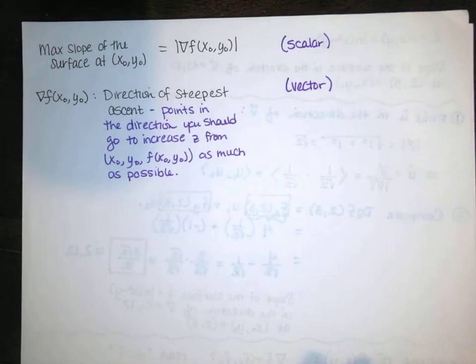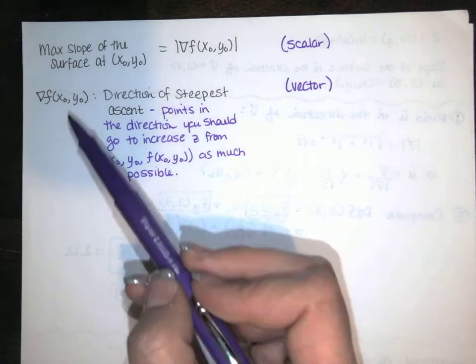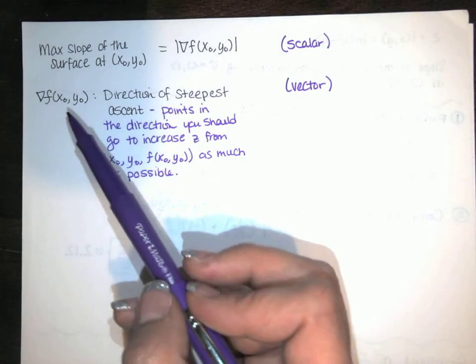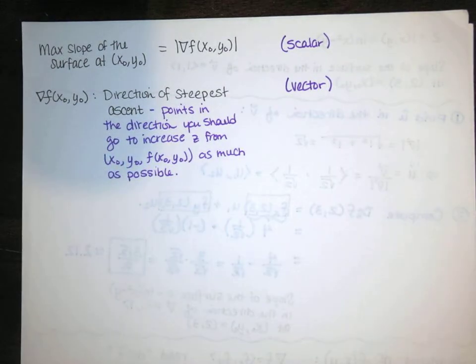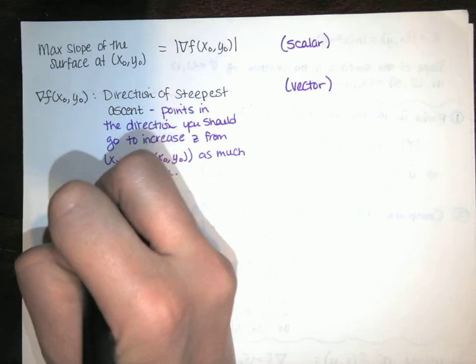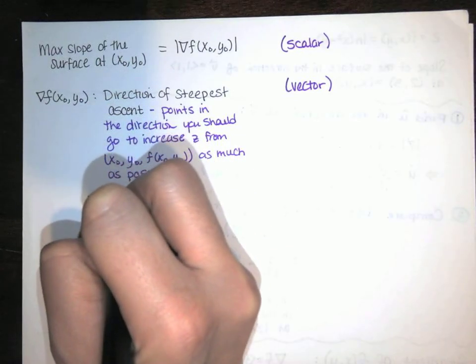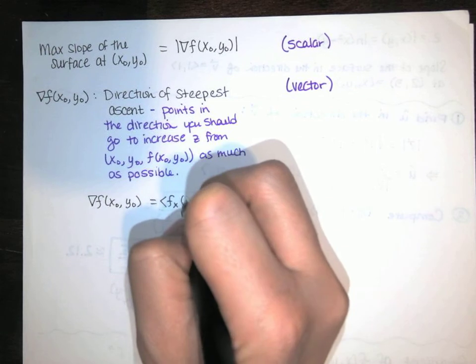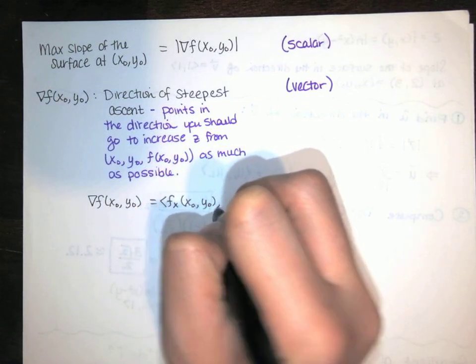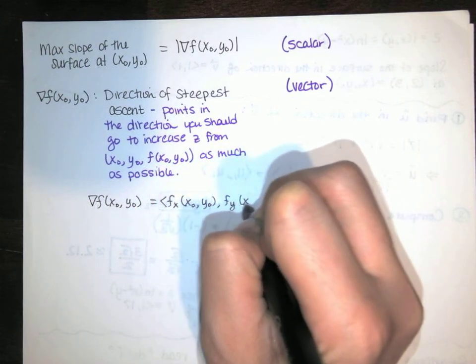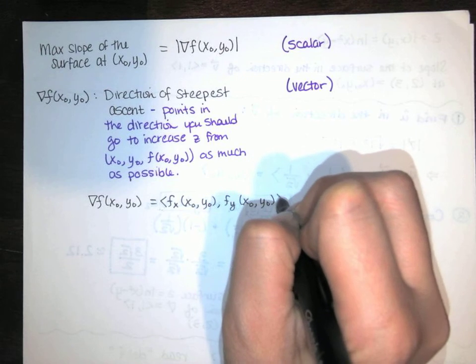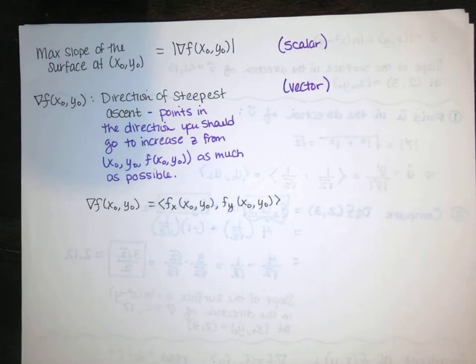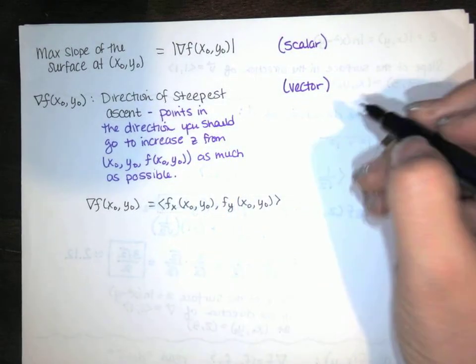And make sure you see that the gradient, if this is a function of 2 variables, only has 2 components. So this is the partial of f with respect to x at x naught, y naught, and the partial of f with respect to y at x naught, y naught. That's the gradient evaluated at a particular point. It corresponds to a vector in the xy plane.